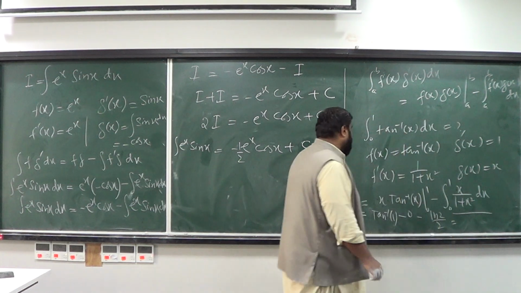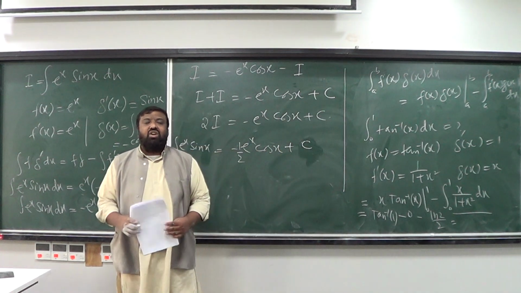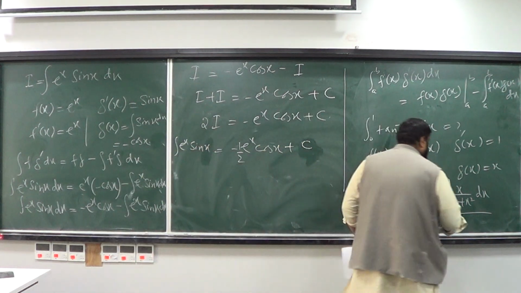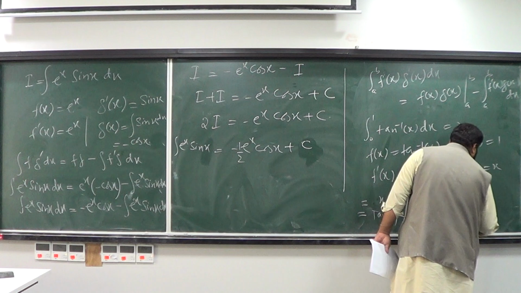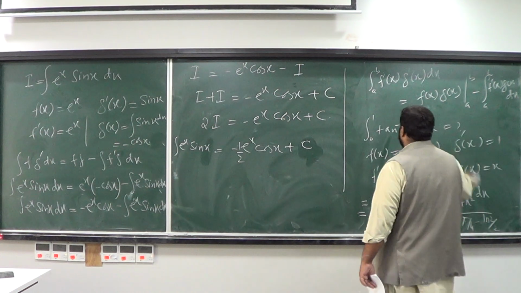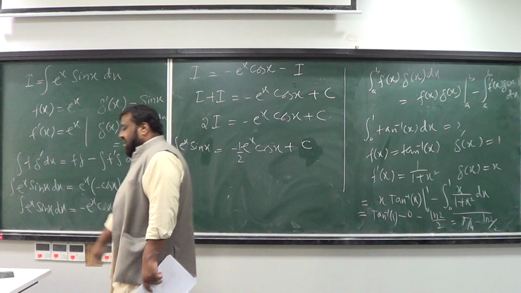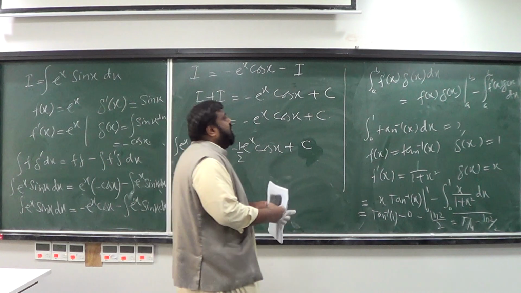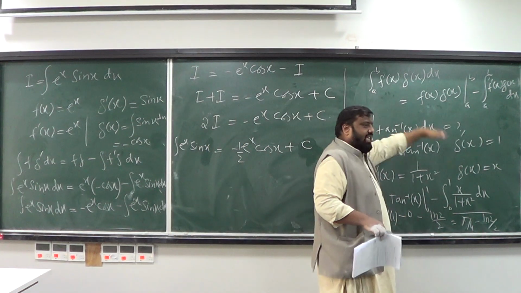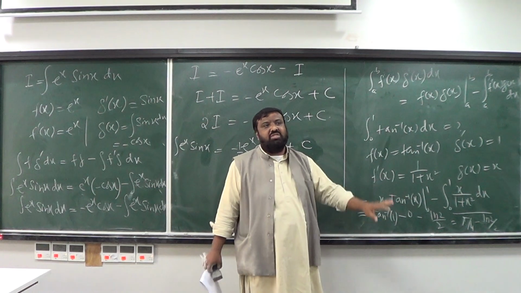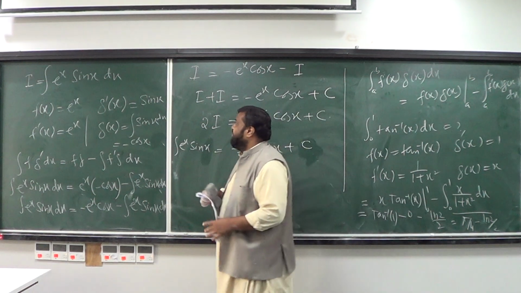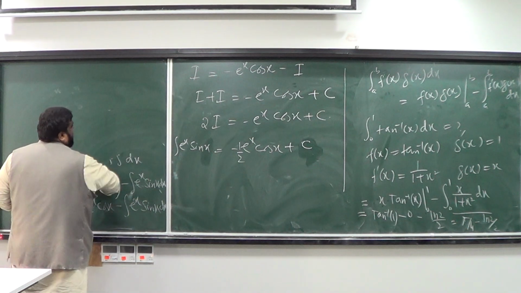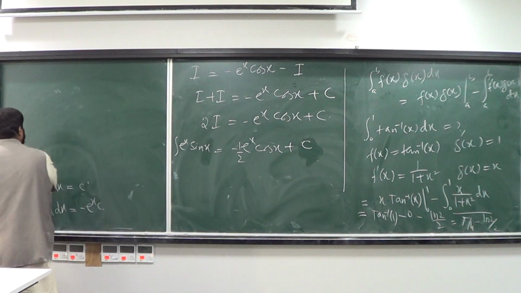So the net answer: what is the angle whose tangent gives you 1? We know it's pi by 4. So the net answer is pi by 4 minus log 2 over 2. So you have to just neatly apply this technique. Or simply, if you want to find a definite integral, solve that integral first. Forget about limits first. Solve the integral, calculate the answer, and then whatever answer comes, just substitute the limits.